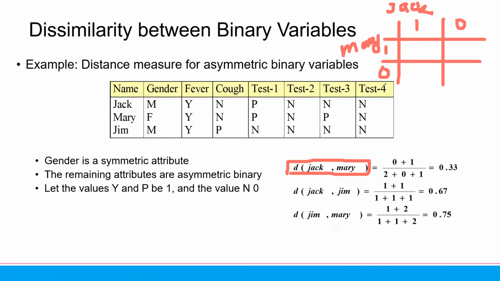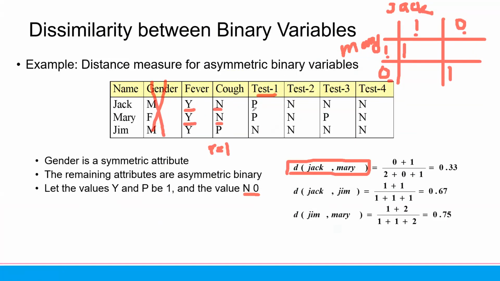Because gender is symmetric, we will not consider it. Jack is Y and Mary is Y, so both of them have fever. So 1 and 1, there will be 1 item. Then 0 and 0, there will be 1.